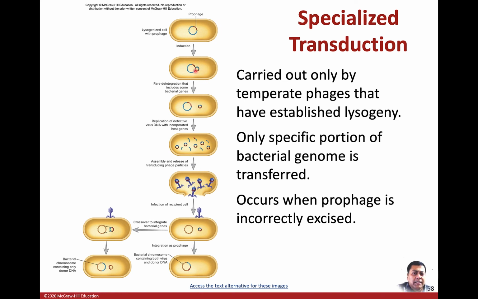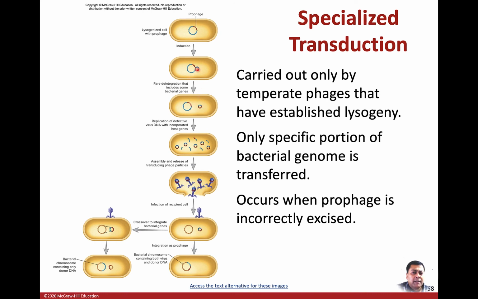So right here is a condition where the excision of the prophage DNA happens. In the process of this excision of the prophage DNA, it takes a portion of the bacterial chromosome with it. So think about that. The prophage is the red DNA. It is excising it out.